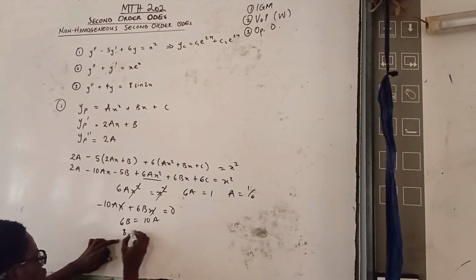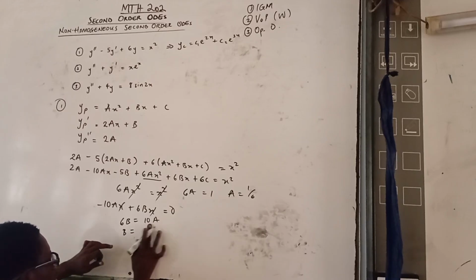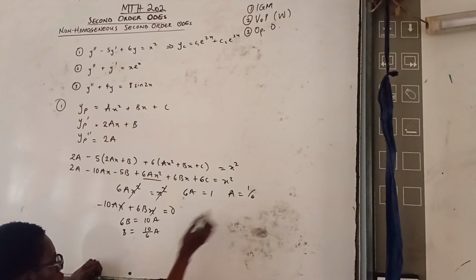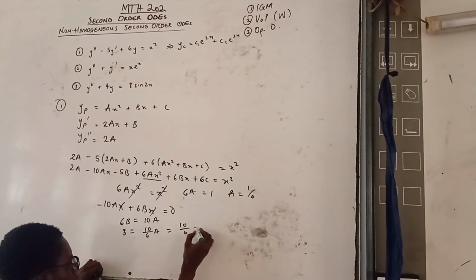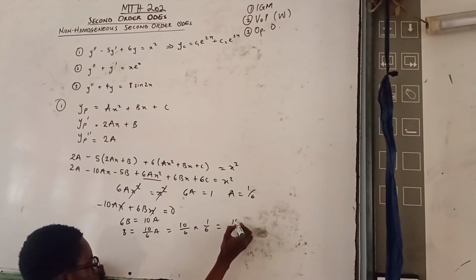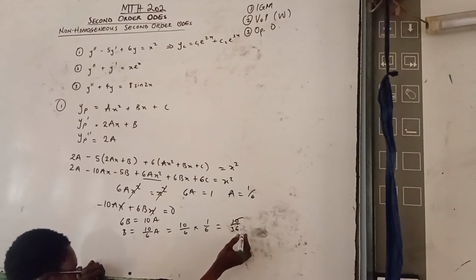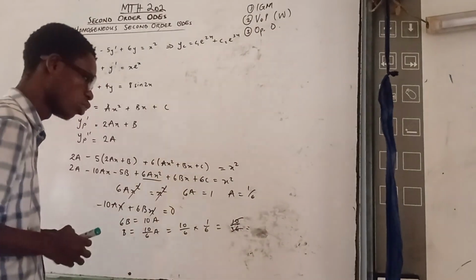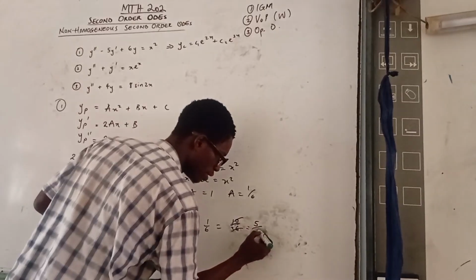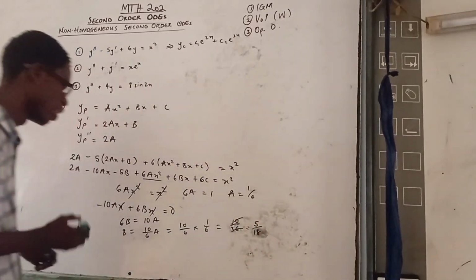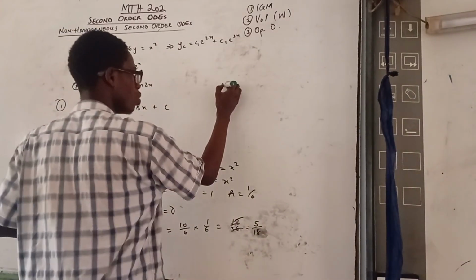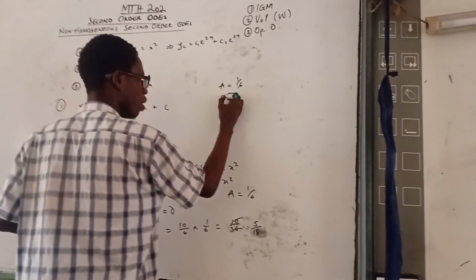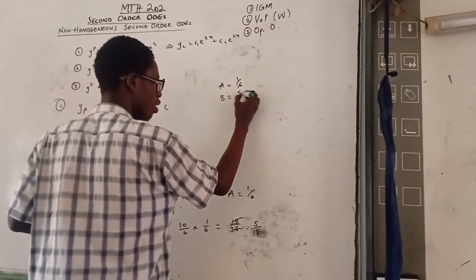So b equals, dividing both sides by 6, 10 over 6 times a. Don't forget we have gotten a is 1 over 6. So this is 10 over 36. I can simplify this by 2, that's 5 over 18. So we have gotten our a equals 1 over 6, our b equals 5 over 18.